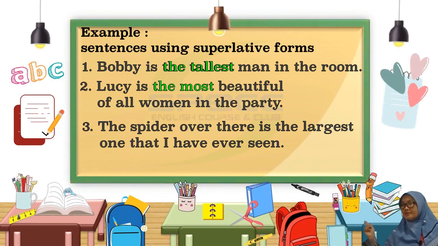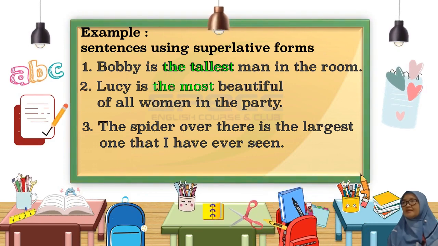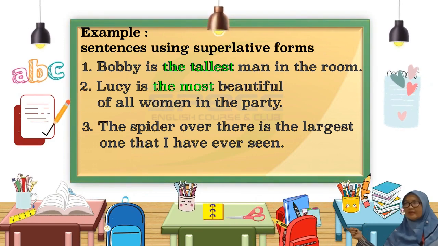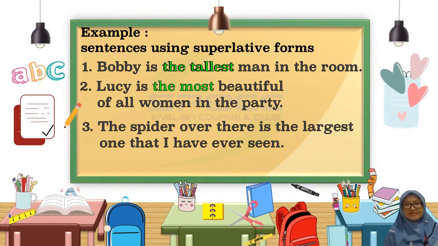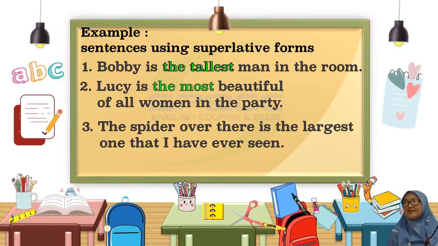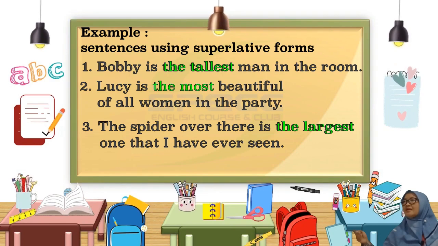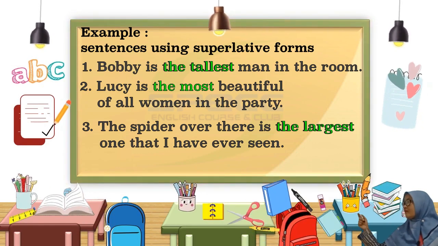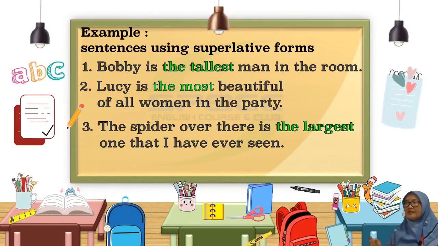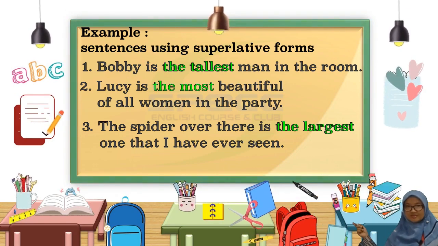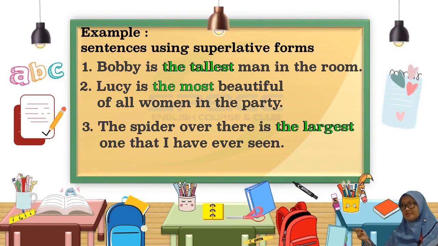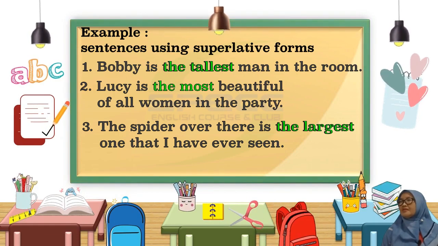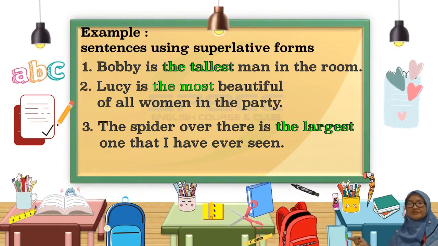The spider over there is the largest one that I have ever seen. Pay attention to the word the largest, the superlative form using the. Largest becomes the largest, and then that I have ever seen.